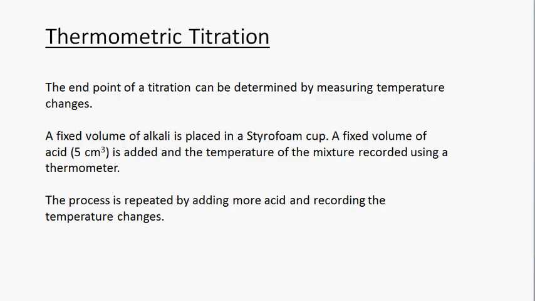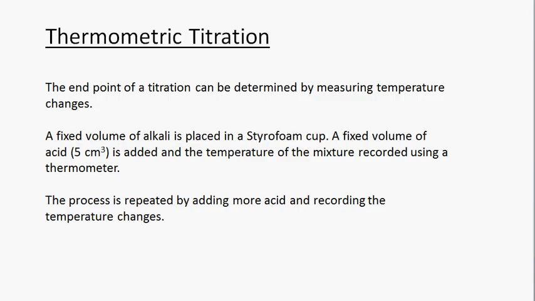So a fixed volume of the alkali is placed in a styrofoam cup. You'll notice that in all these types of experiments, we use a styrofoam cup. Essentially, we are trying to limit the amount of energy being lost to the surroundings and trying to limit energy being absorbed from the surroundings.